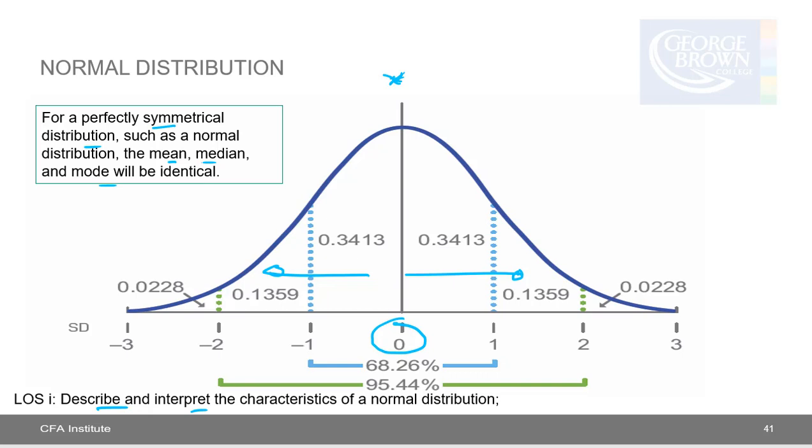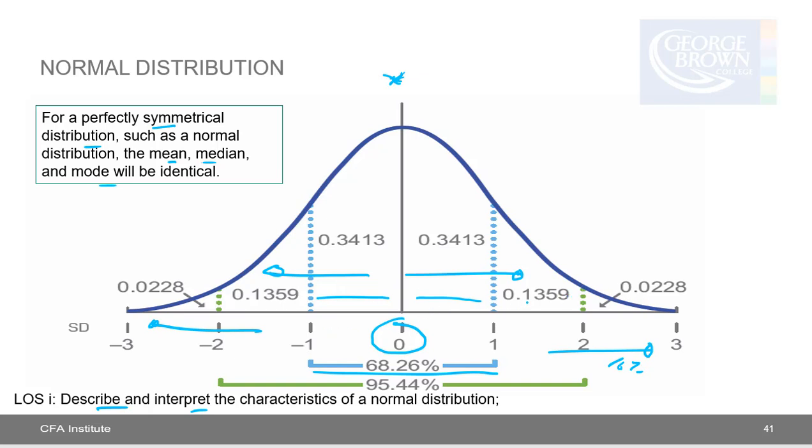The area under the curve that is within 1 standard deviation of the mean is about 68% of all observations. We can see that here: 1 standard deviation to the left plus 1 standard deviation to the right, we're capturing 68% of all the observations. That means approximately 32% are outside of that, so you can see about 16% on either side.